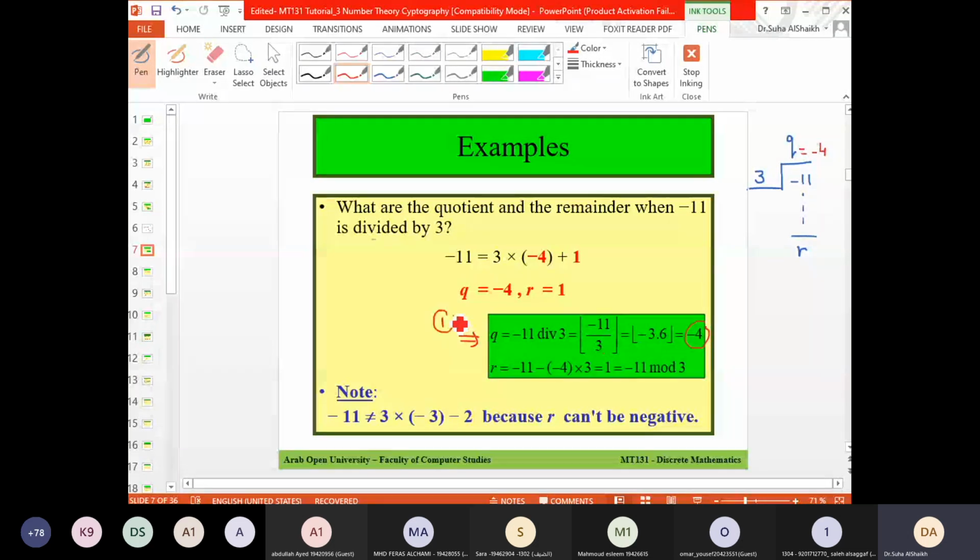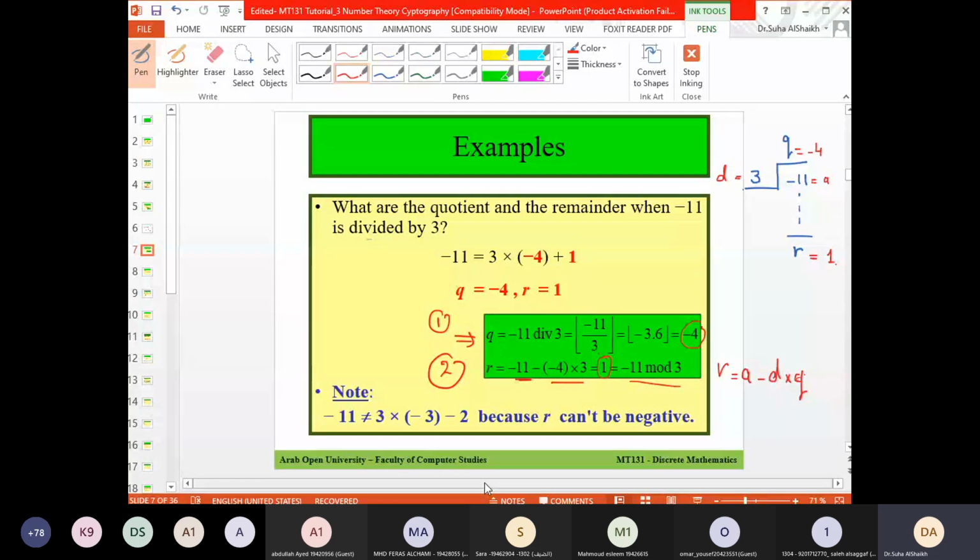فهذه step 1. Step 2 ال R اتفقنا إنها ال A minus D multiplies with the Q. ال A is minus 11 هذه A وهذه ال D. So it is minus 11 minus 4 في ال 3, it's equal to 1 and this will be my mod. My mod is equal to 1. You got it?